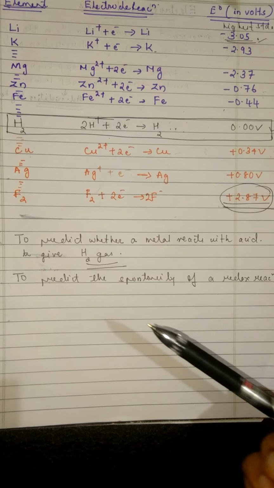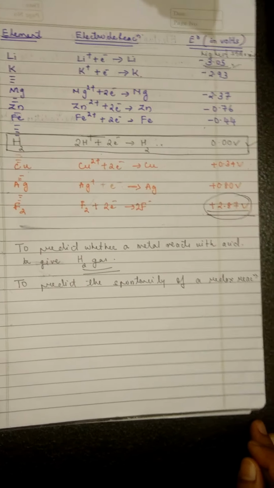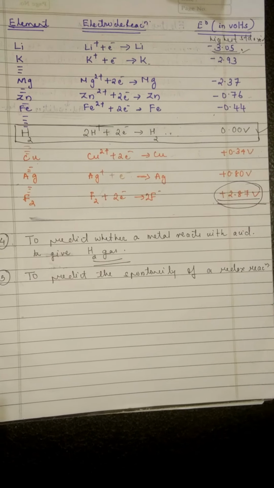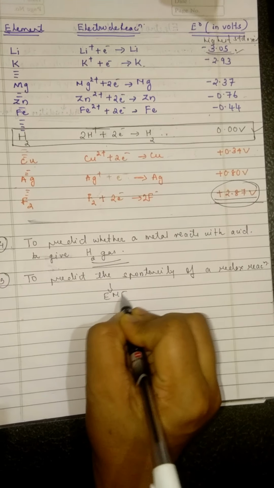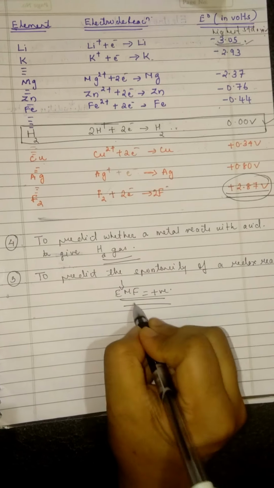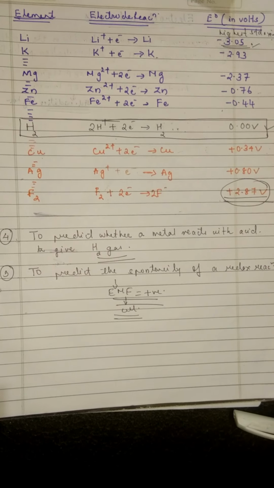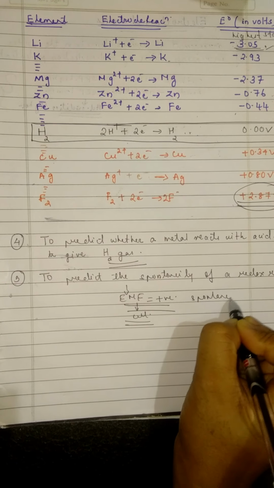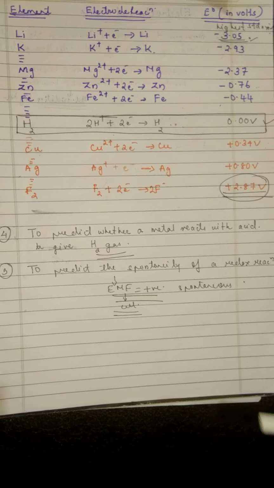And let us consider the last application of the electrochemical series that we are going to discuss, that is to predict the spontaneity of a redox reaction. We can say that for a redox reaction to be spontaneous, the EMF of the cell should be positive.